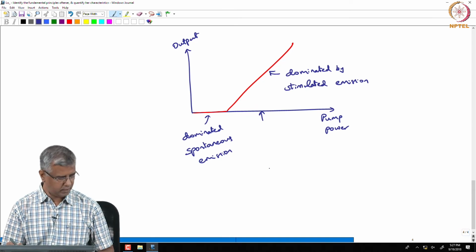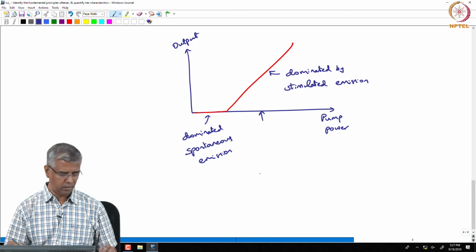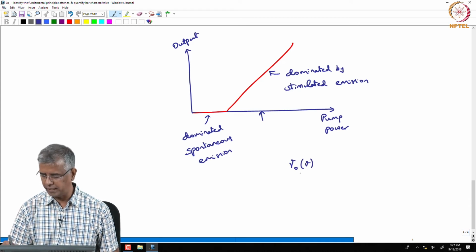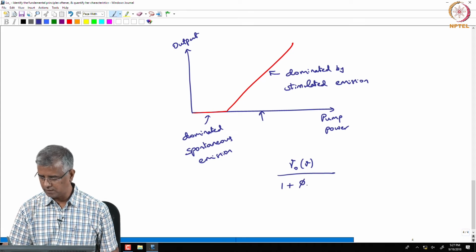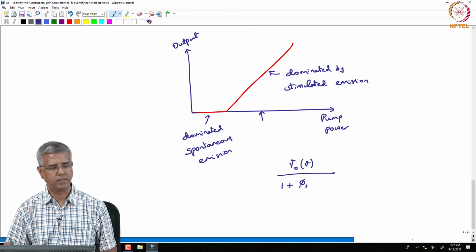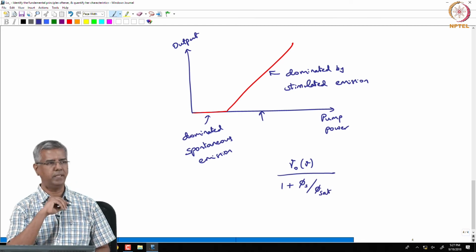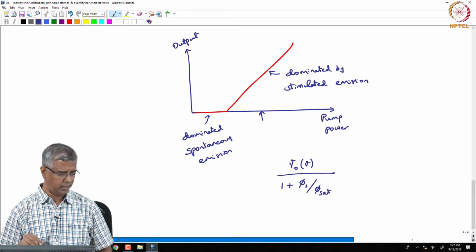Basically, I would say that the actual gain would correspond to the small signal gain divided by 1 plus the signal flux divided by the saturation flux, right.